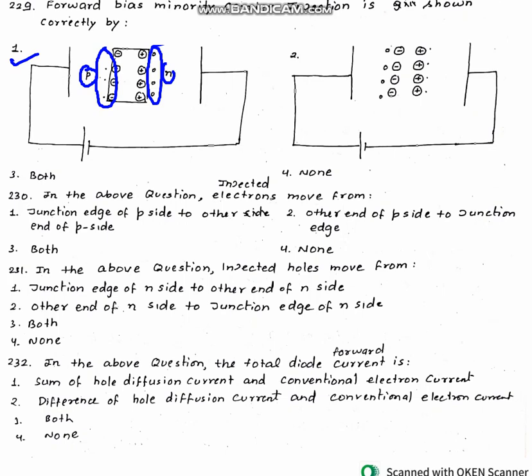Because of the concentration gradient, here concentration of electrons is low. So electrons will move from this side to the other side. So they move from the junction edge to the other side of P. So first is correct. Next is, in the above question, injected holes move from. So obviously junction edge to the other side. First is correct.